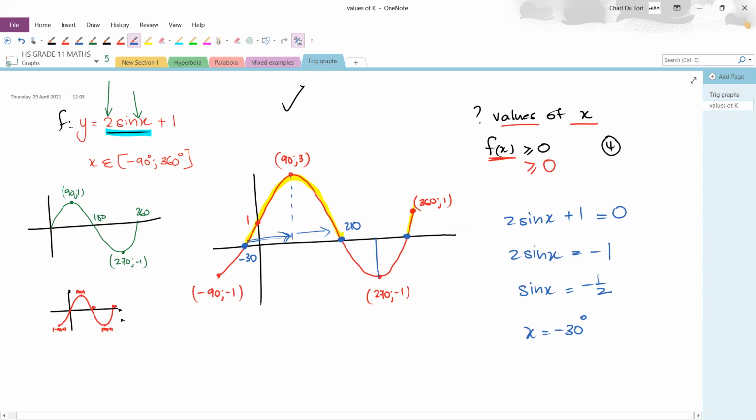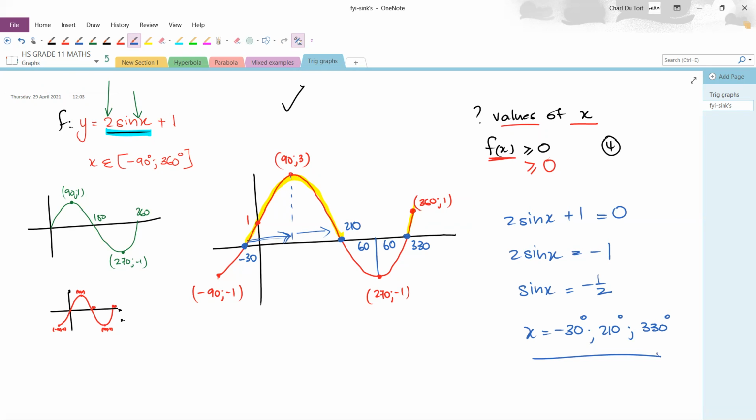And then between 210 and 270, there's 60 degrees. And another 60 degrees added, or 30 back from 360, will give me 330 degrees. Yeah. So x is -30, 210, or 330 degrees. Did you see how I did that with the symmetry of the graph?